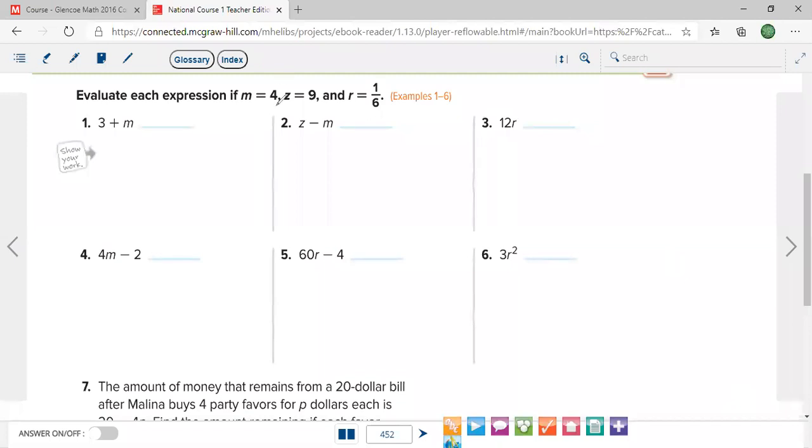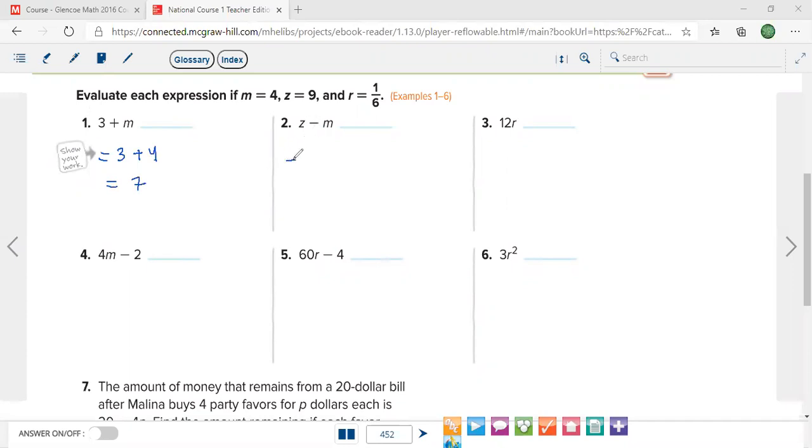So in the guided practice on page 452, as you can see, evaluate each expression if m equals 4 and z equals 9 and r equals 1 over 6. So 3 plus m means 3 plus 4, which means 7.